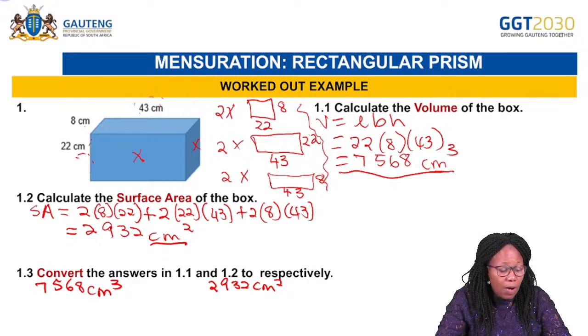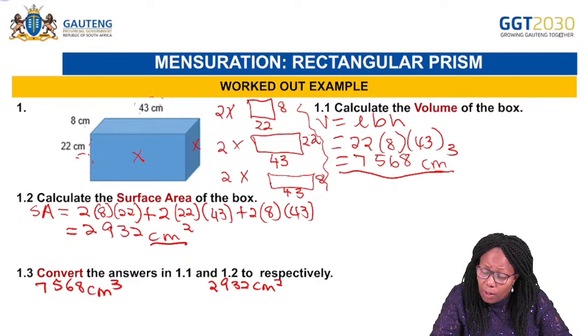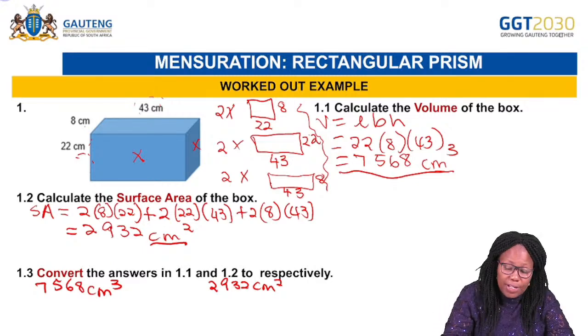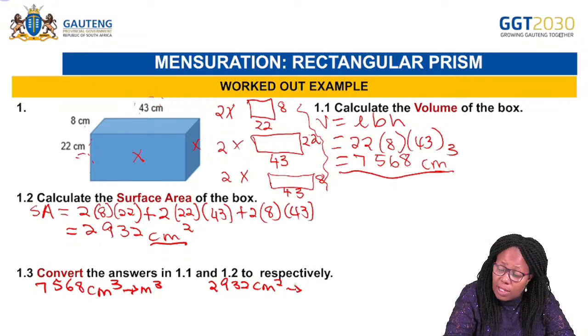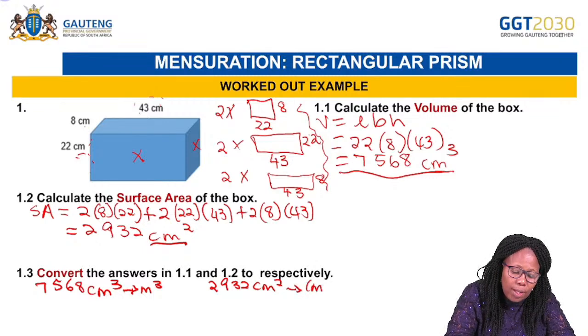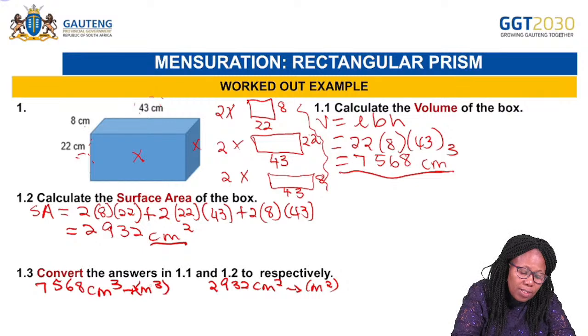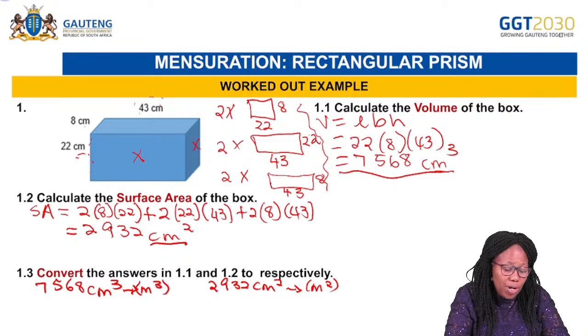And then they say convert these answers respectively. The first one you convert to cubic meters, and the second one we are converting to square meters, grade 12. That is our conversion. Let's continue now.